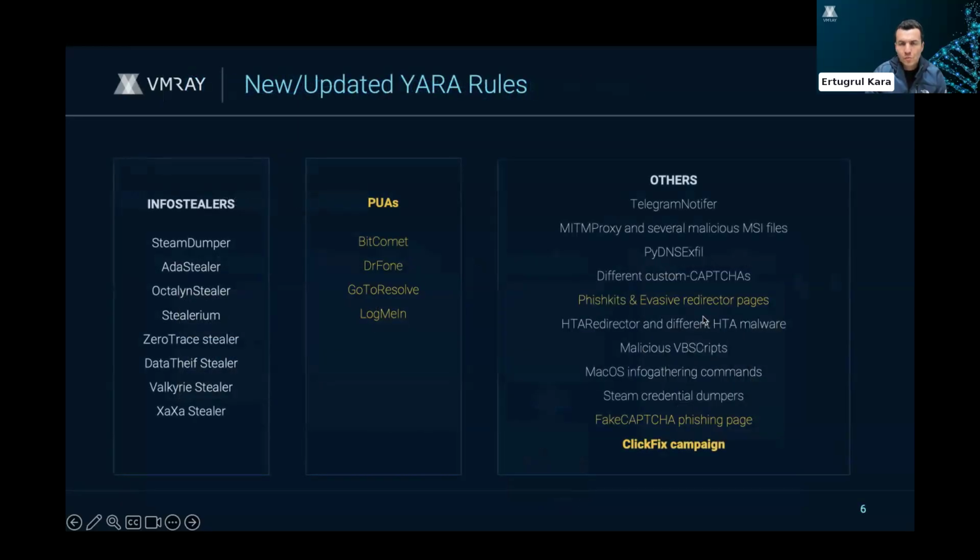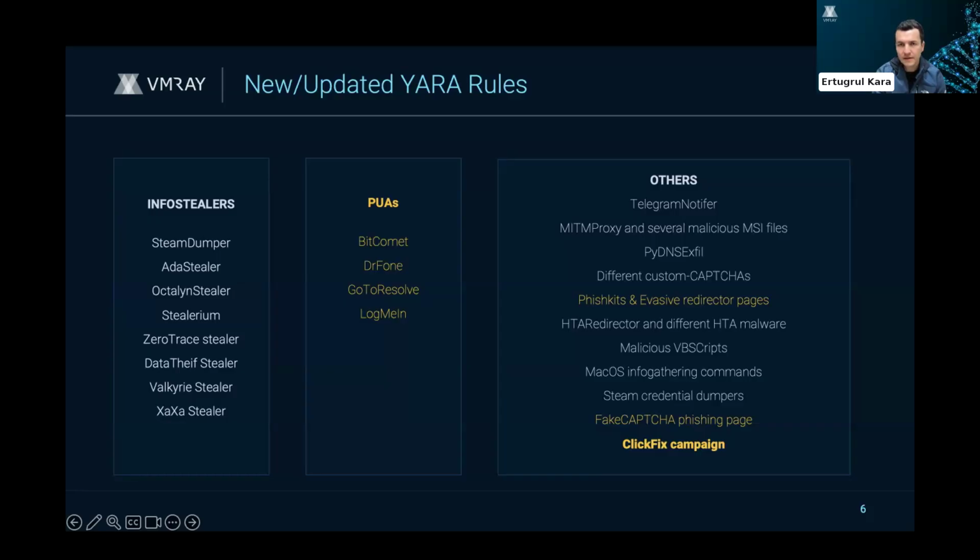So moving on to the YARA rules front, there is a high volume of activity going on here, and we pushed out a large batch of rules this month. Check out our blog for the full list. Here I want to highlight just some specific trends. First, legitimate RMM tools, which are often classified as PUAs, potentially unwanted applications, if I'm not wrong.